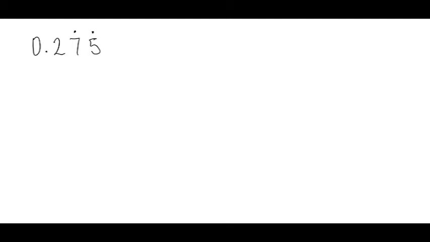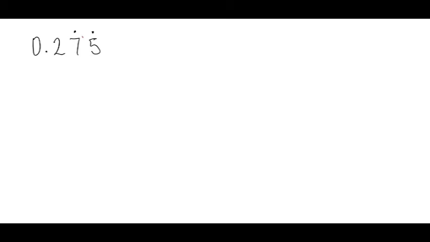Well, you may be expecting me to do 275 over 999, but not so. Why not? Because, well, a few reasons. Well, the first thing is there are only two digits that are recurring. That's the first thing, and that affects a couple of things with this fraction over here.